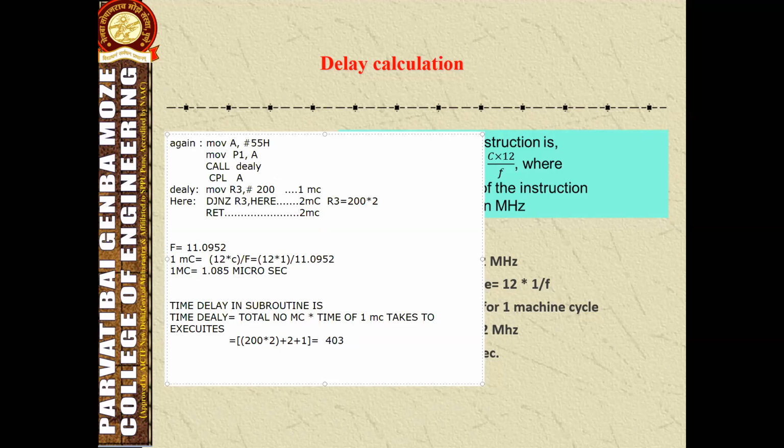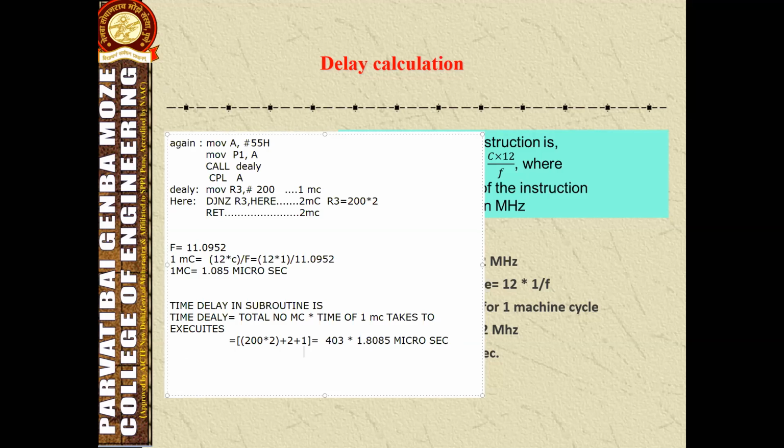So the time required for completing one machine cycle is 1.085 microseconds. How many machine cycles are required here?